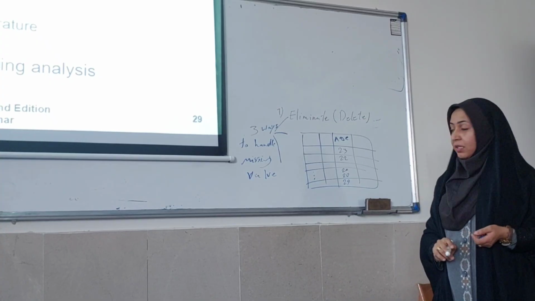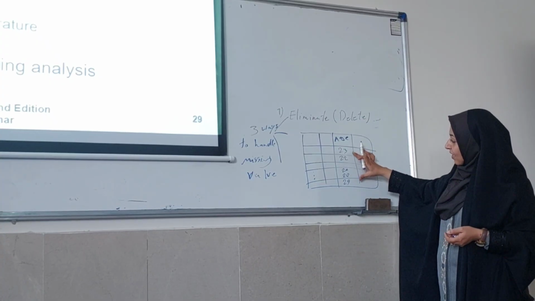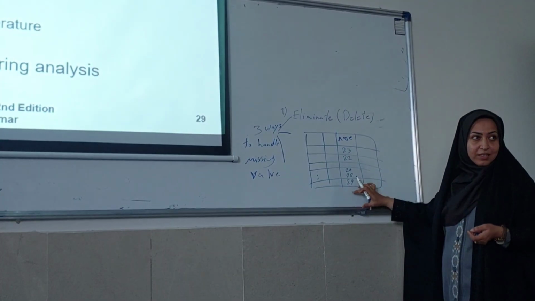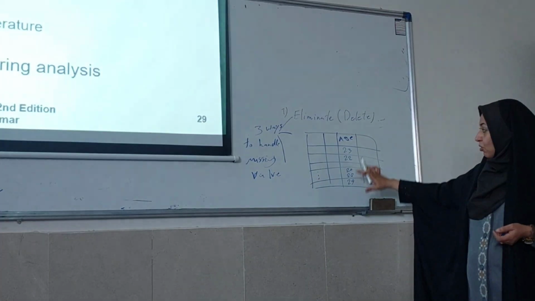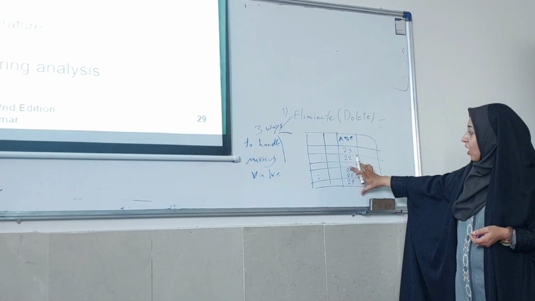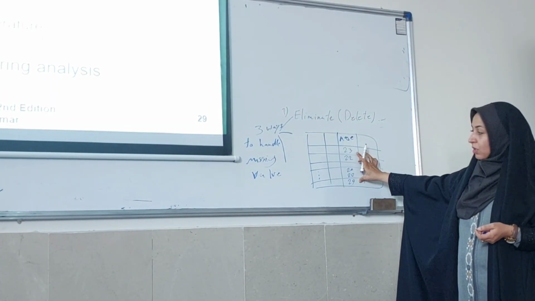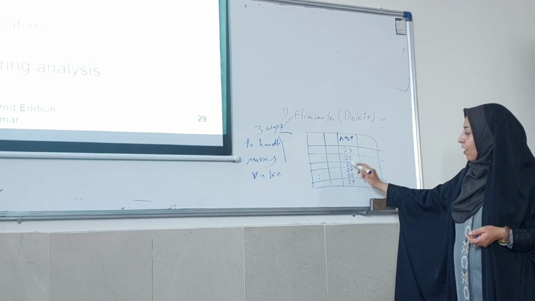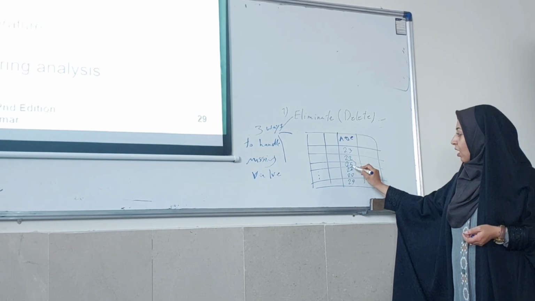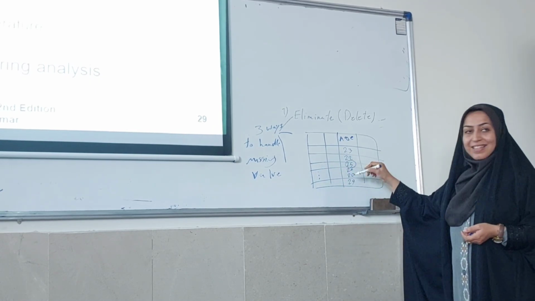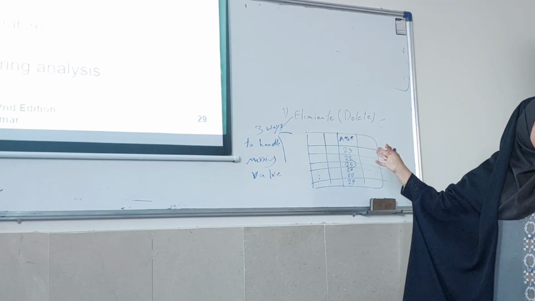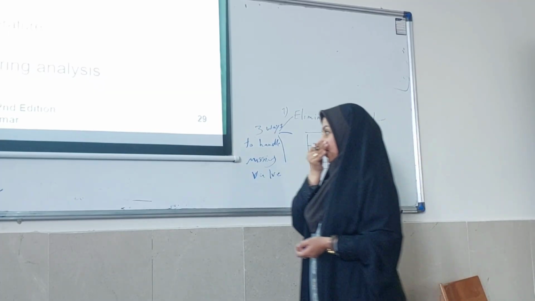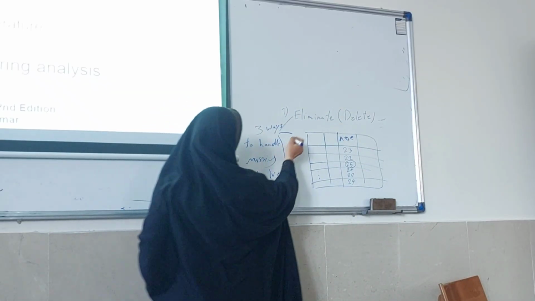I may suggest that the age of this student is between 20 and 30, and I can take the median of the other students' ages and write, for example, 25 for this record that has no value. I estimated this value. This is the second way of handling missing values: estimate.